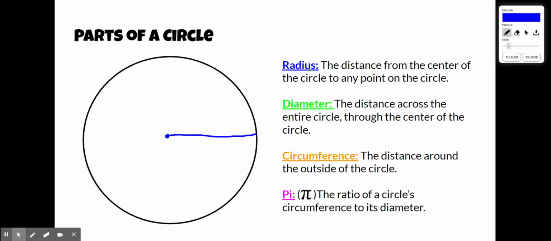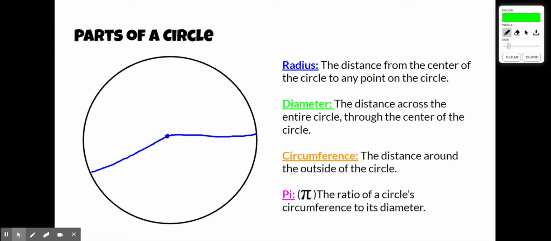I know that line doesn't look straight, but bear with me. It should be a straight line out to any point on the circle. So that is one measure that would be considered a radius. You could take the radius in any direction. So this would also be a radius. It doesn't matter where the radius is on the circle. So again, the radius is from that center point out to any point on the circle.